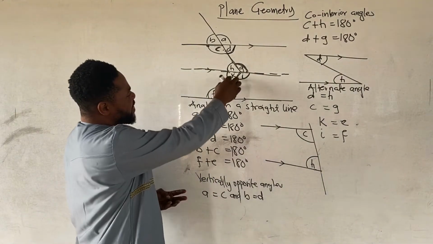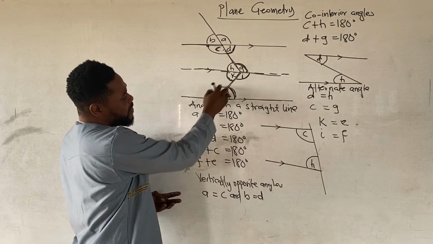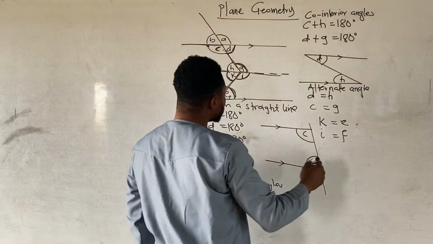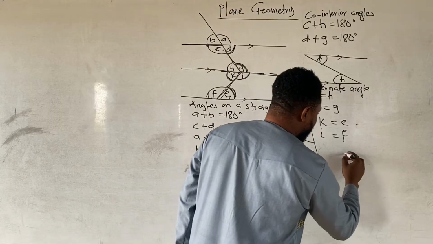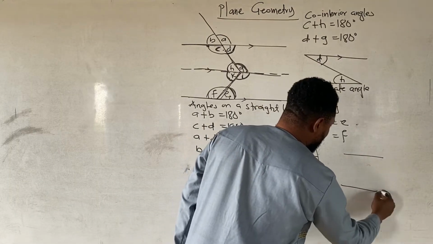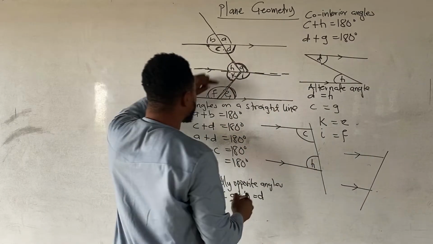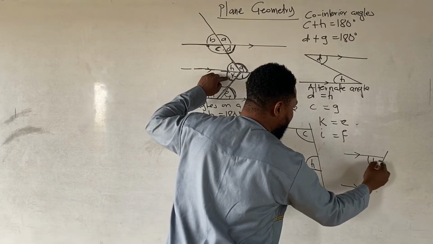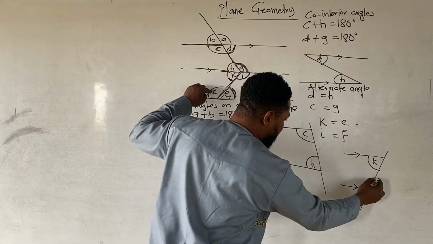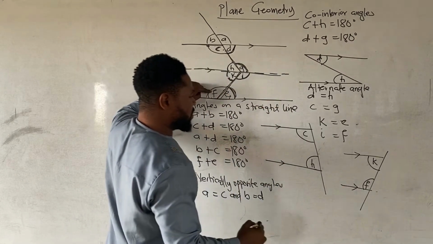All right, when we come here, we can also say that we have what we call co-interior angles, all right? That is our angle K and angle what? F, all right?